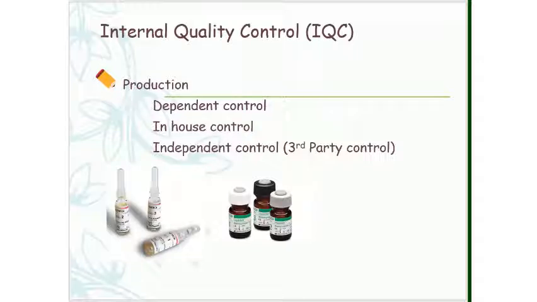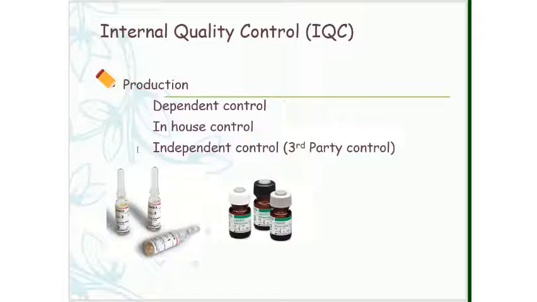So let us go to the internal quality control first. We look at the production of the QC, which is in the list. First, the dependent control. It means that the QC material is produced by the same company that supplies the reagent and analyzer. For in-house control, it means that the laboratory itself produces its own QC material.